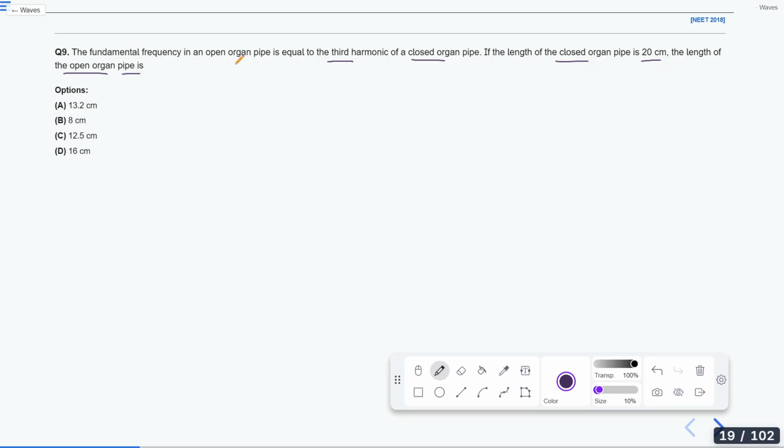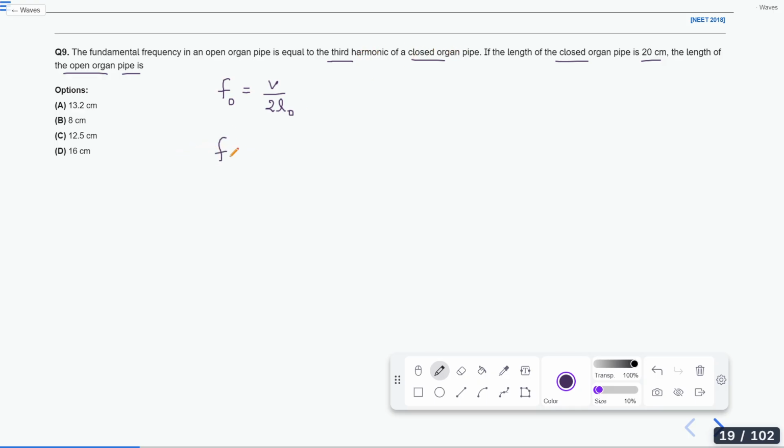I have explained what the fundamental frequency in the open organ pipe is. That fundamental frequency in open organ pipe is V by 2L, or L naught, the length in the case of open organ pipe. And that fundamental frequency is equal to the third harmonic in the closed organ pipe.